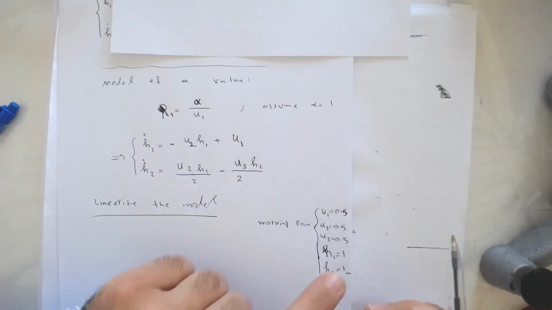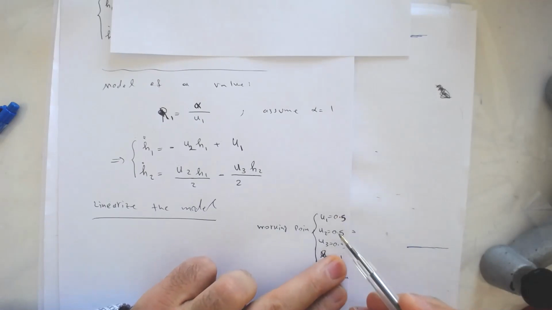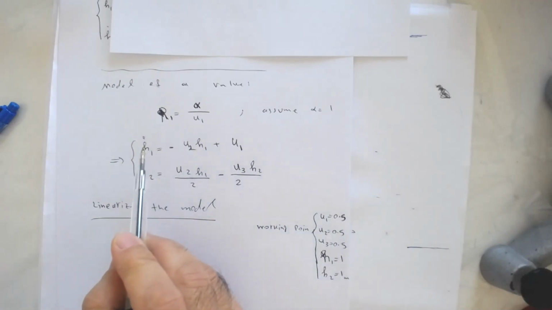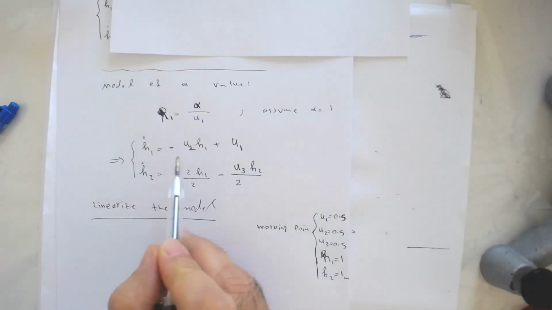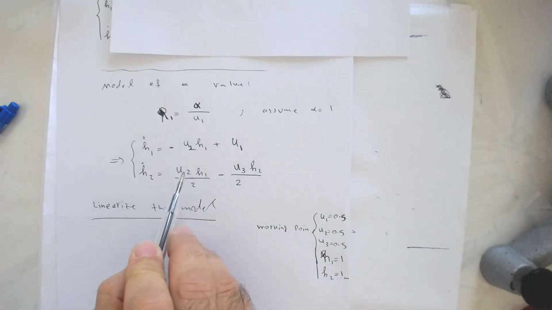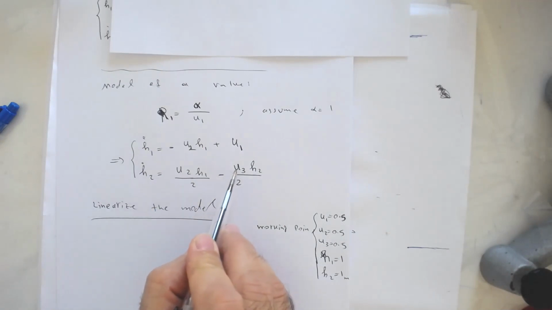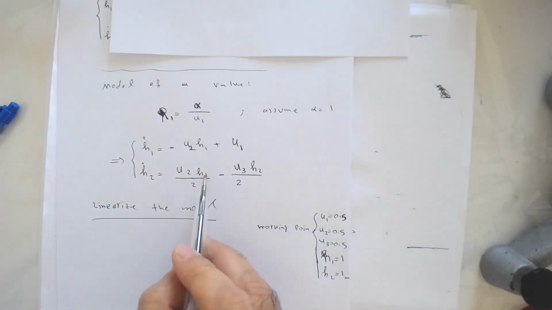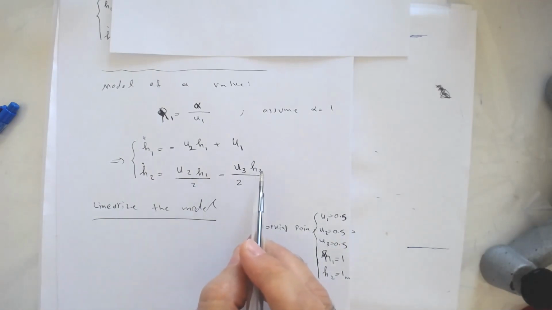So these three, U1, U2, U3, are given, and H1 and H2 we should actually find from the equilibrium point. So H1 would be 1 meter, and to find H2, again, H2 dot should be 0. U2 and U3 are both equal, and they're equal to 0.5. So you see that actually H1 should be equal to H2.